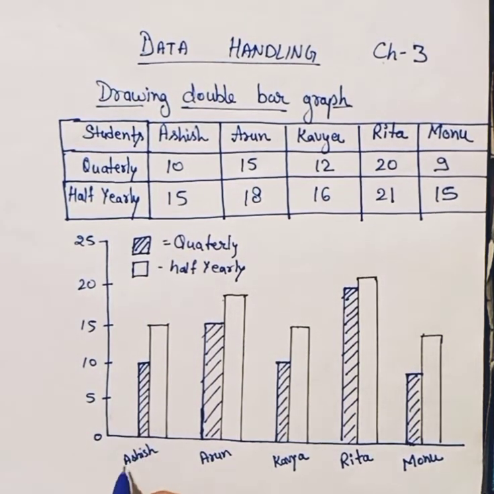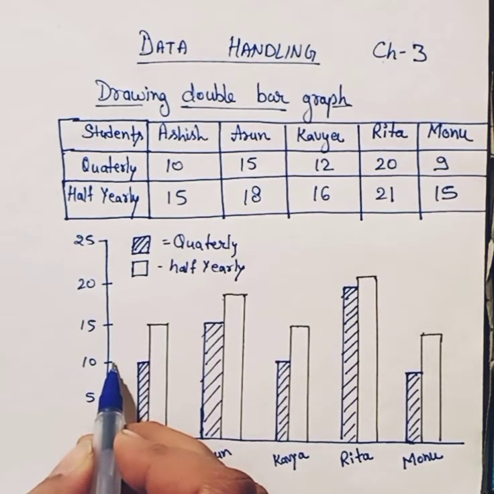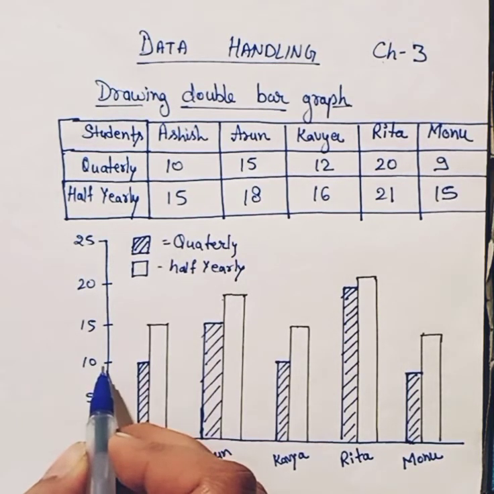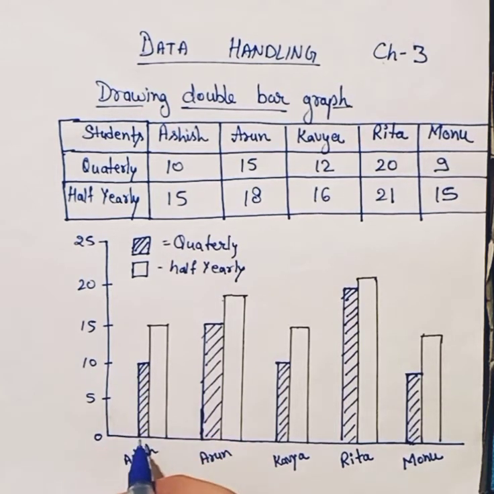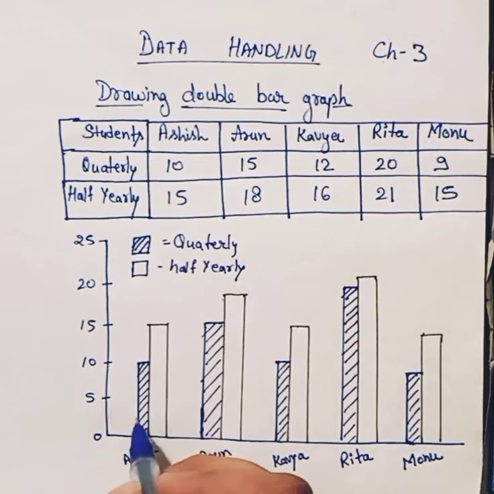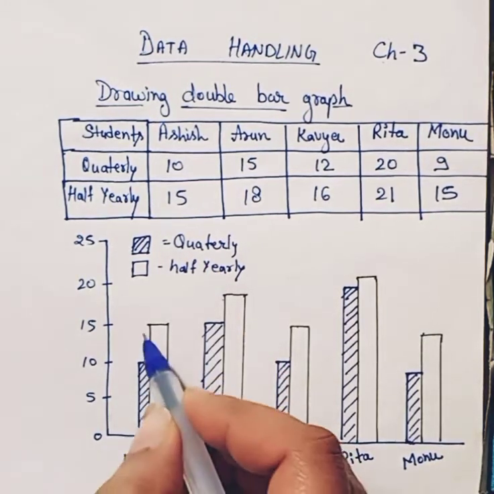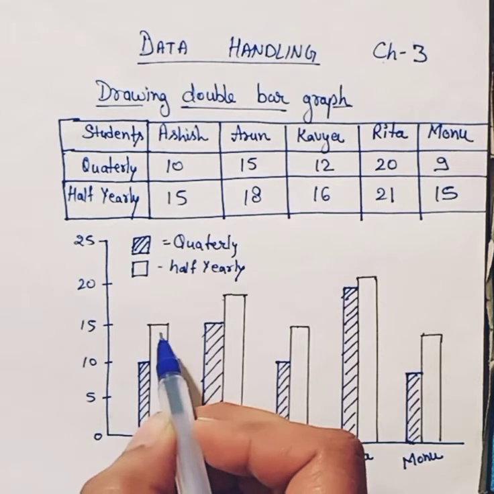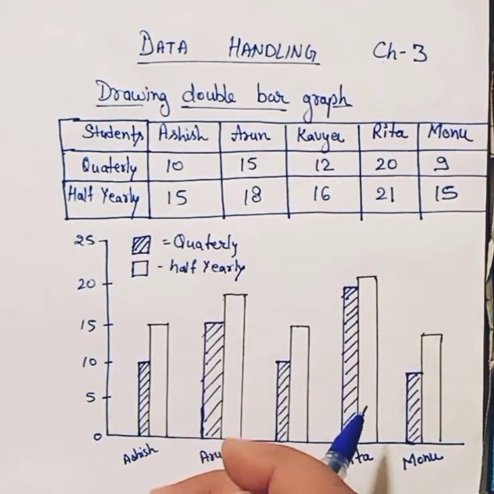The first one is the marks of Ashish, which is up to 10. So you make the scale, and parallel to that scale you draw the first bar representing the marks of quarterly exams, and the plain box, drawn in black color, representing the marks of half yearly exams.